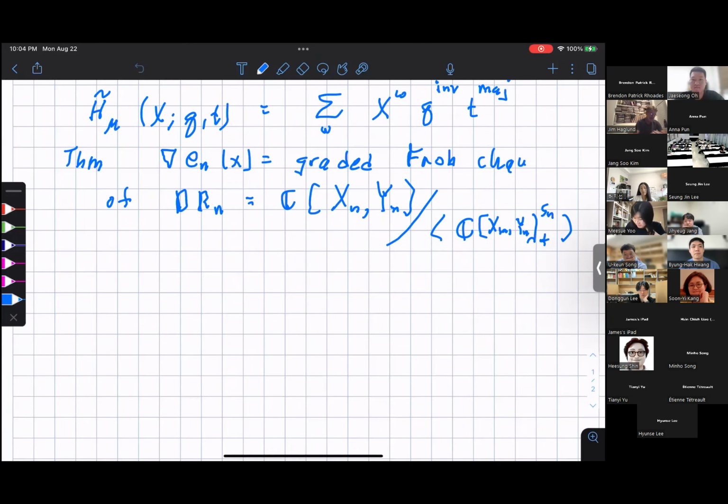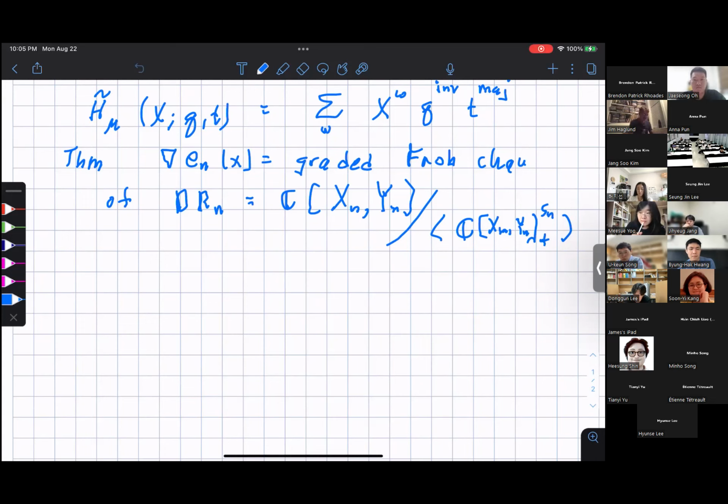So what do I mean by the graded Frobenius characteristic? I'll just describe it in words. So the character of an S_n module, of course, you can think of the Frobenius characteristic as a symmetric function where the coefficient of a Schur function s_lambda is the number of copies of the irreducible S_n module corresponding to lambda that occurs when you decompose your S_n module into irreducibles.